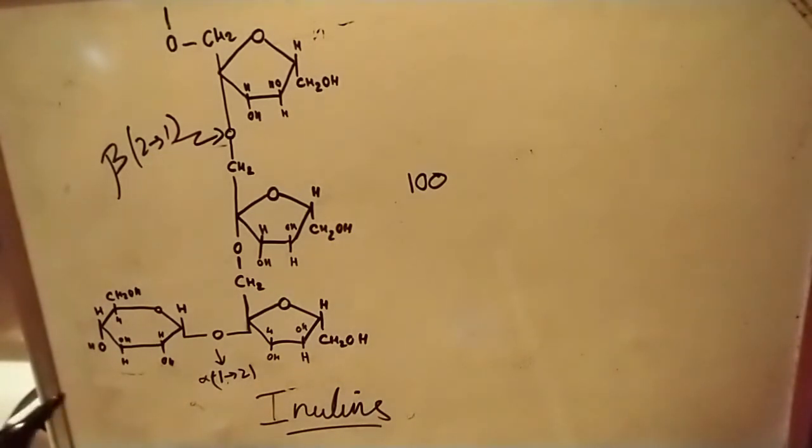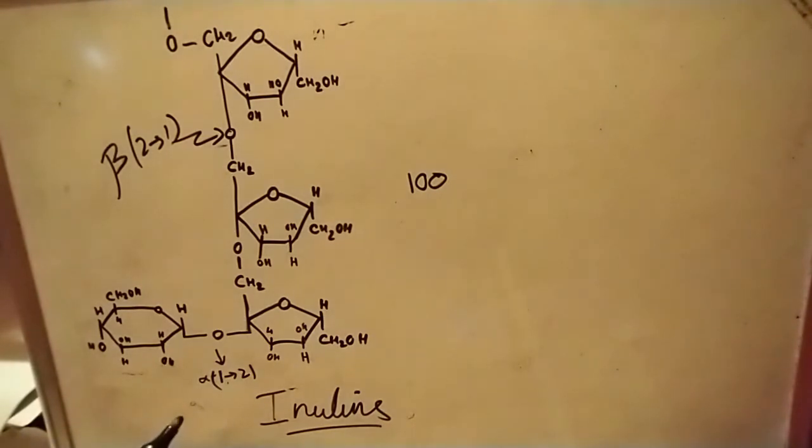Some plants store food in the form of inulin, and this polysaccharide is present in onion, garlic, asparagus, and roots of a number of genera belonging to the Asteraceae family.